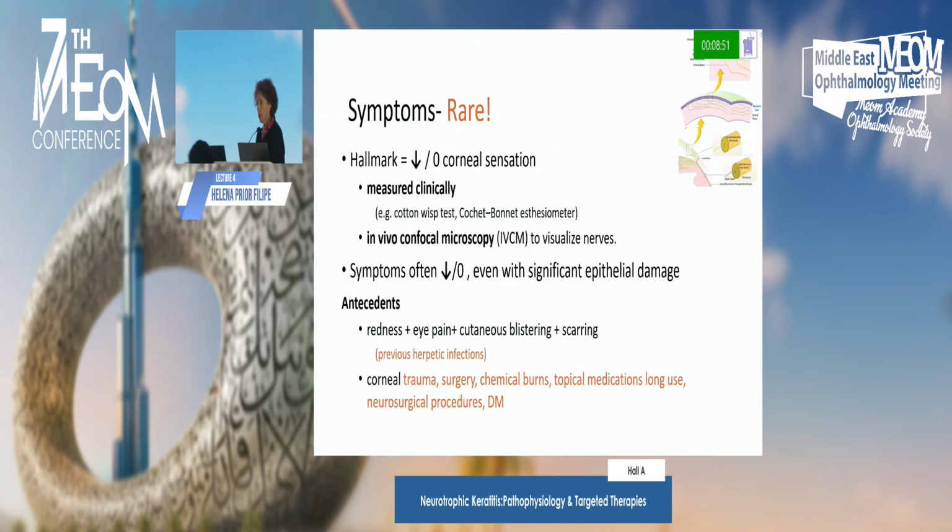So symptoms are rare. The hallmark is indeed the lack or decrease of corneal sensation that can be measured clinically with a wisp test or Cochet-Bonnet esthesiometer, or nerves can even be appreciated directly by confocal microscopy. The symptoms usually are absent despite very severe lesions that we can check at the slit lamp.